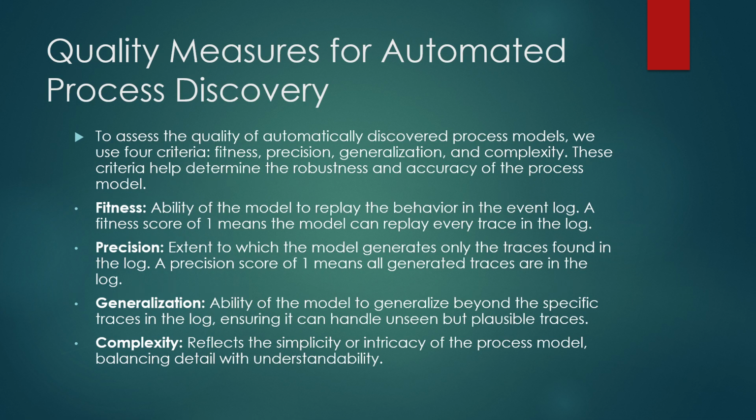Now we move forward to quality measures of automated process discovery. Quality criteria include fitness, precision, generalization, and complexity. We can take an example of fitness, which ensures the model can replay all traces in the event log. Another is precision: the model generates only the traces found in the log.